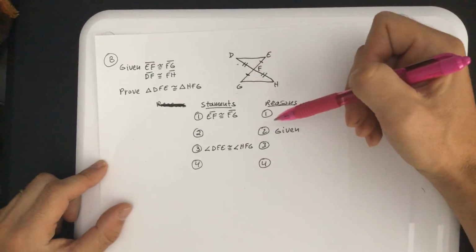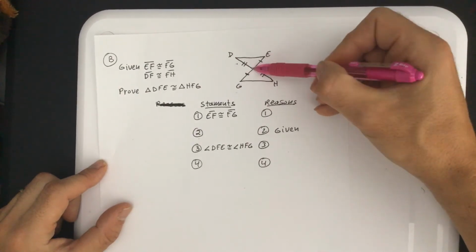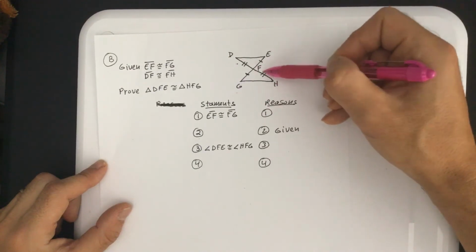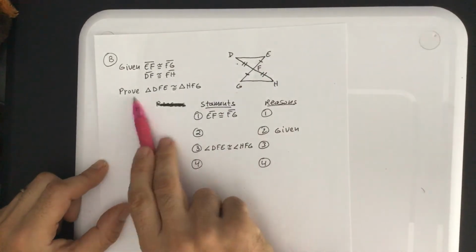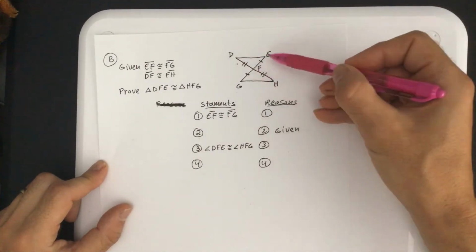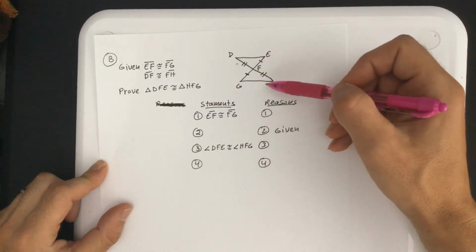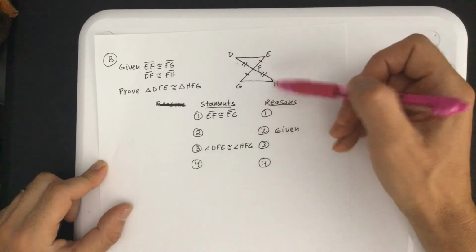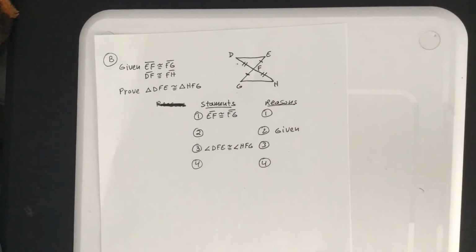Well, this is the same thing as that one. And DF, that's the mark right here, is congruent to FH right here. Prove that triangle DFE, this triangle, is congruent to triangle HFG. Pause the video, see how far you go.